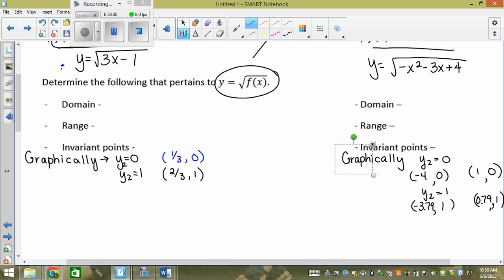So it's literally just finding out where they intersect with your calculator, with y equals 0 and y equals 1. The 0 ones are extremely important because they're going to be what gets you your domain.